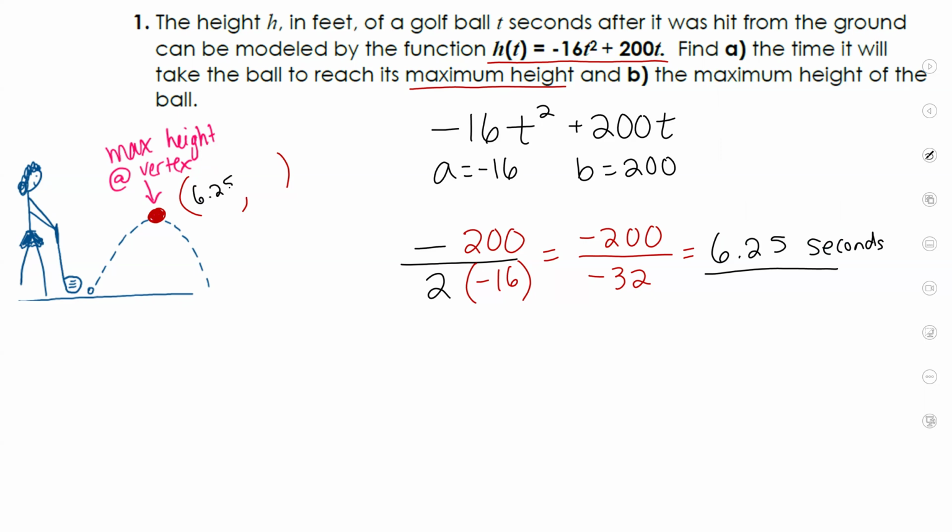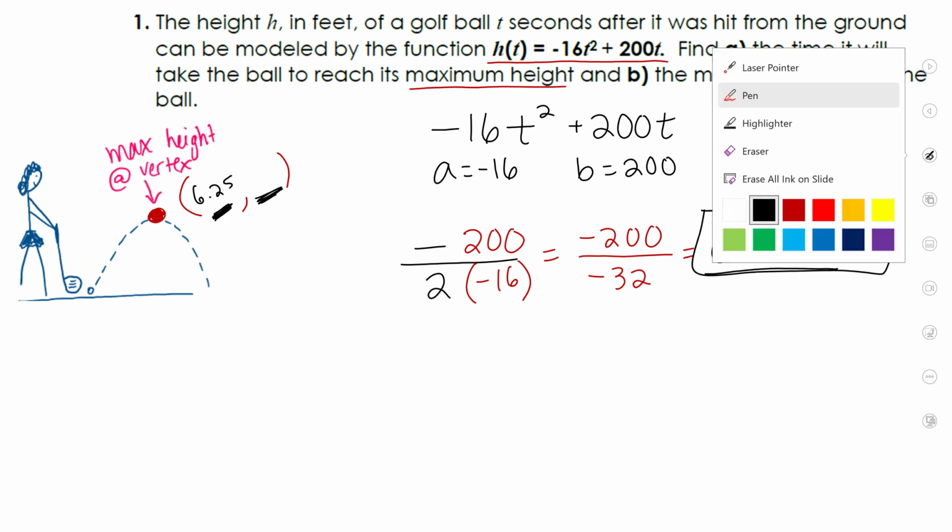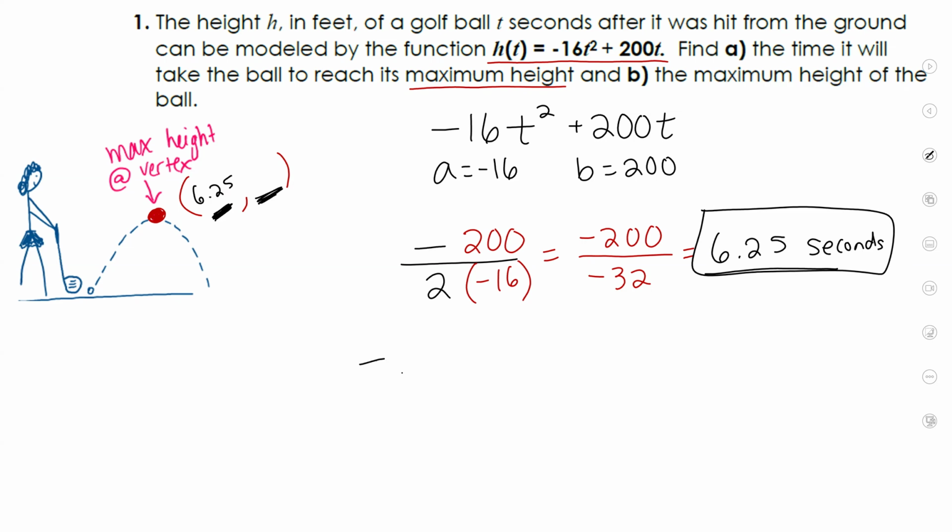Okay, now how we find the height, we found the time. If we want to find the height, we're going to plug this into our equation. So I'm going to write our equation again, negative 16t squared plus 200 times t. So where my t's are, that stands for time, I'm going to put in 6.25 seconds.